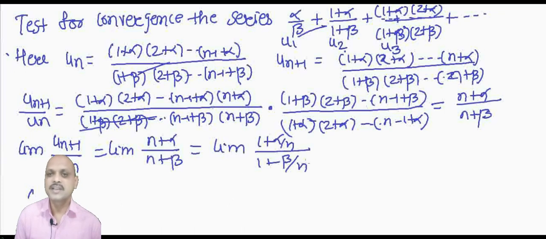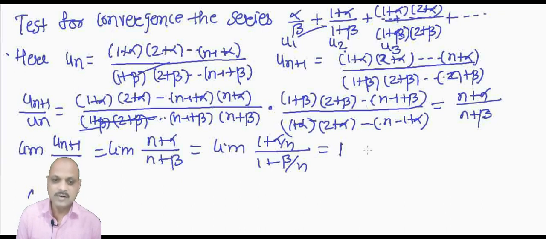In the limiting case, alpha divided by n will be 0, beta divided by n will be 0, and we get 1. So this shows that the limit is equal to 1, meaning the ratio test fails. Therefore we apply Raabe's test.